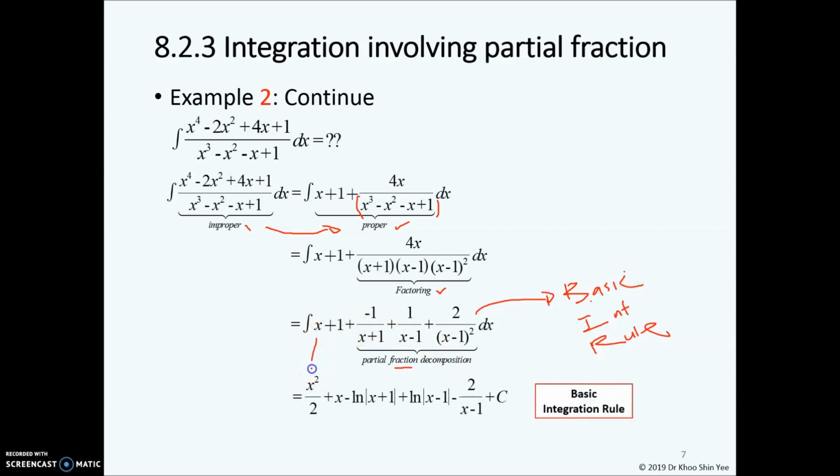So x, this is a polynomial, you can get x squared over 2. Constant, you get x. Negative 1 over x plus 1, you get the term in ln. This one is also a term in ln. This is a polynomial, so this will be x minus 1. Bring it up, you get 2 times x minus 1 to the power of negative 2.